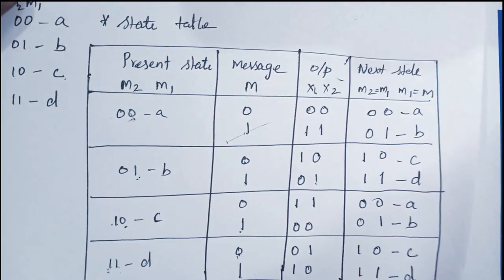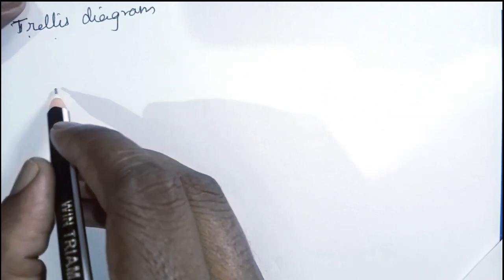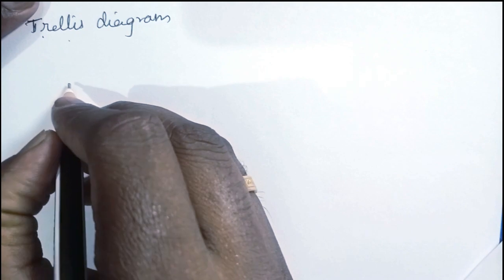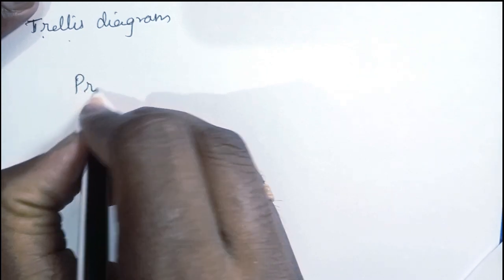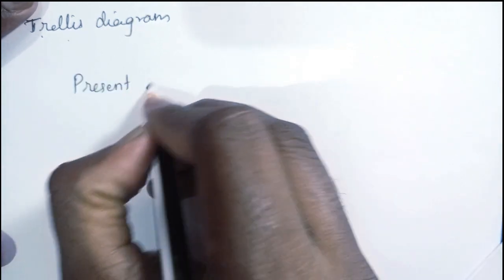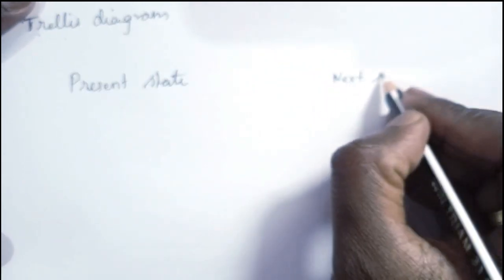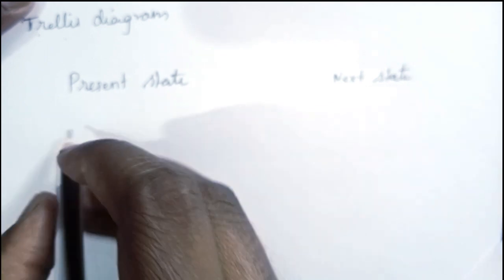Okay, so here we have two states, present state and next state. What are the four states we have?